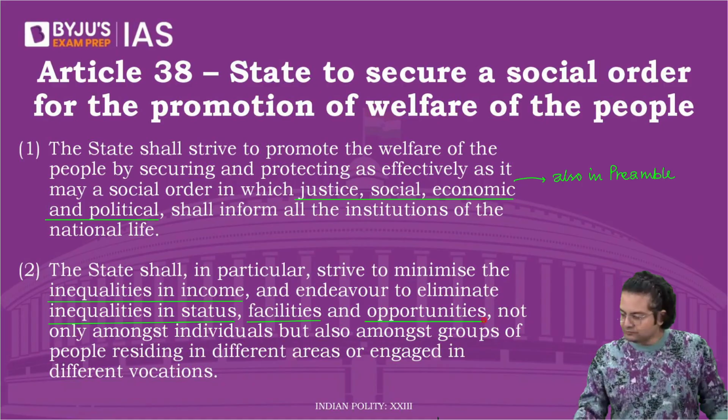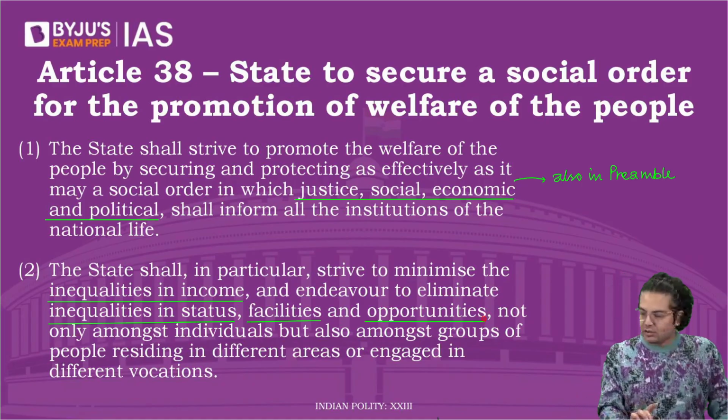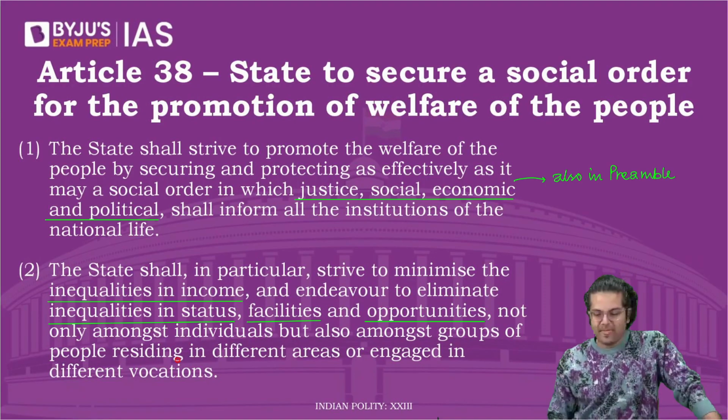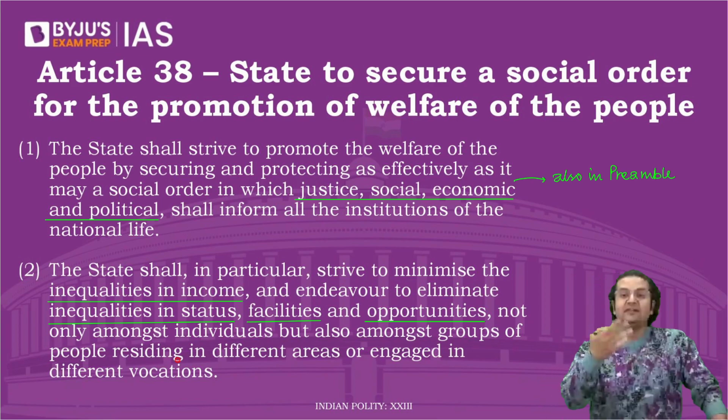Okay, not only amongst individuals but also amongst groups of people residing in different areas or engaged in different vocations. Vocation meaning profession. Now look at the expectation of this article. We have to minimize the inequality in status.